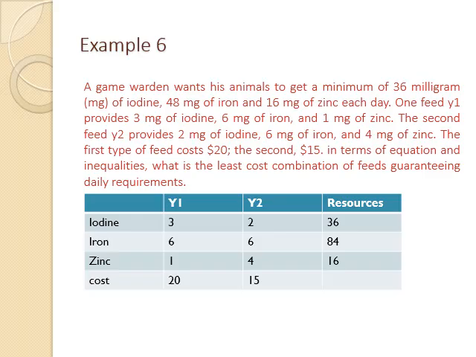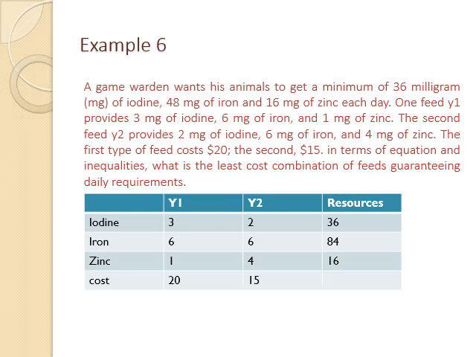The available quantity of iodine is 36 mg, the available quantity of iron is 84, and the available quantity of zinc is 16. Now Y1 requires 3 of iodine, 6 of iron, and 1 of zinc, while Y2 requires 2 iodine, 6 iron, and 4 zinc.